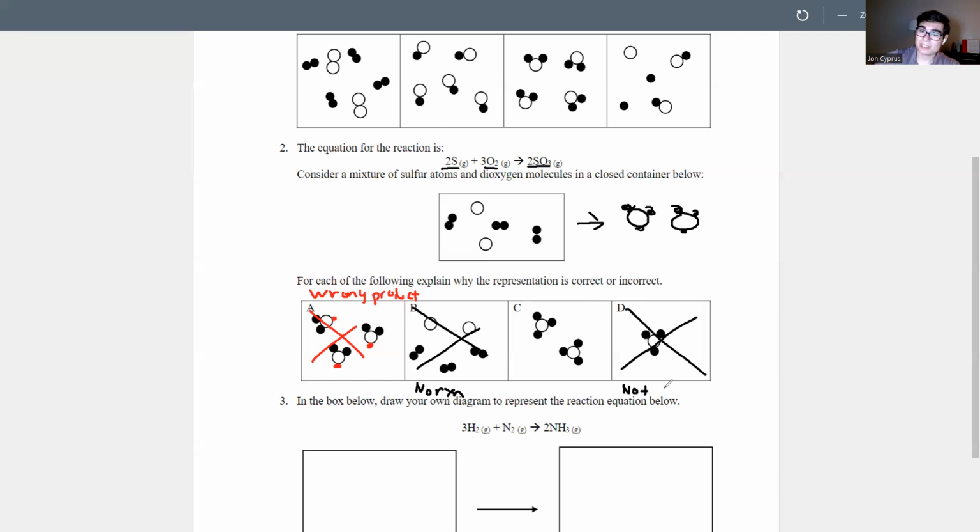D only has 1, which means that the other sulfur and 3 oxygens just disappeared. So C is the correct answer, where you have the right molar ratio of things and the right molecule.